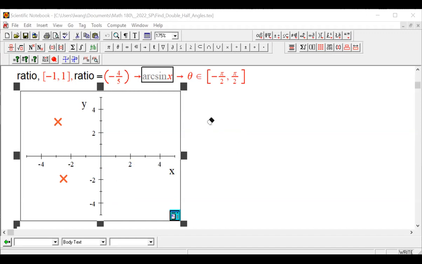we know that if the terminal is in the first quadrant, the ratio is going to be positive. If the terminal is in the fourth quadrant, the ratio is going to be negative. And here we get a negative ratio. So the terminal is going to be in the fourth quadrant.